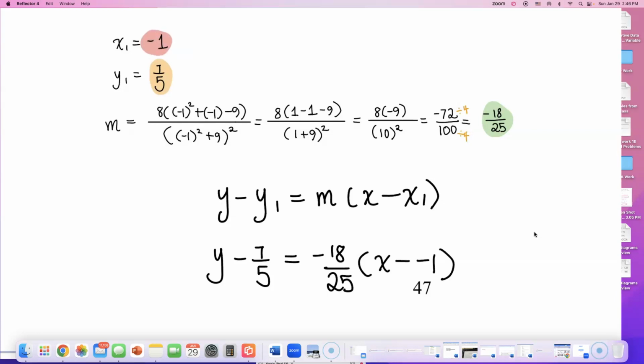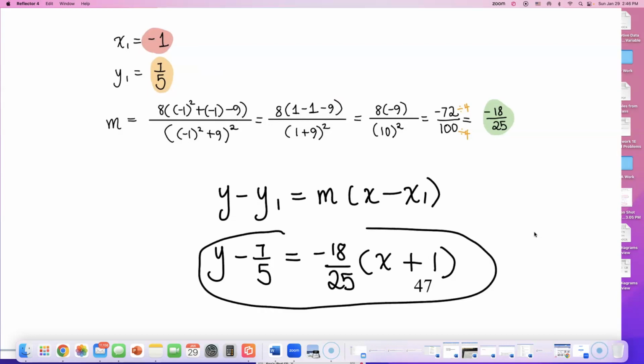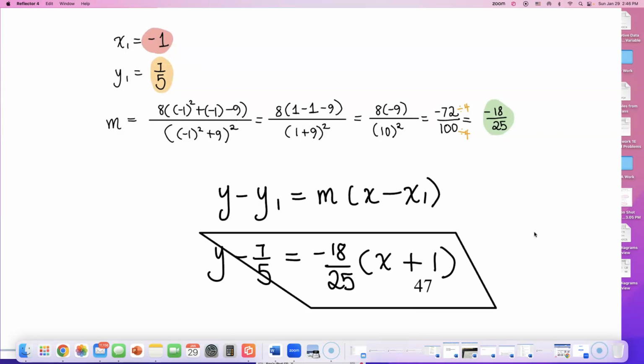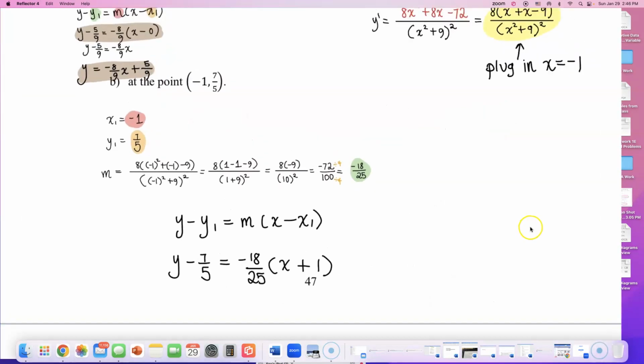Oh, but if you do x minus -1, we can change that minus negative into plus. So that's how you can find the equation of the tangent line. But this problem, what made it difficult was, I guess, using the derivative, the quotient rule to find the derivative.